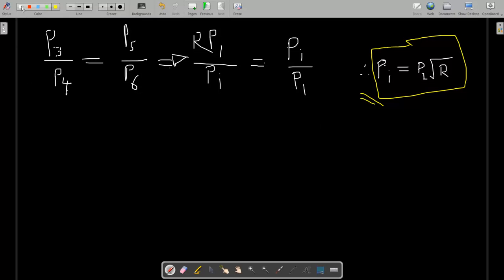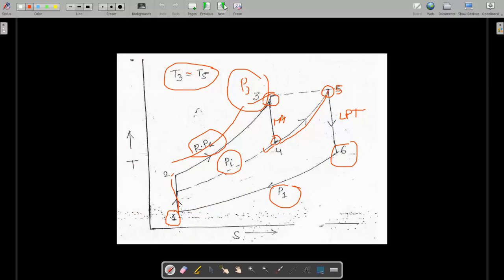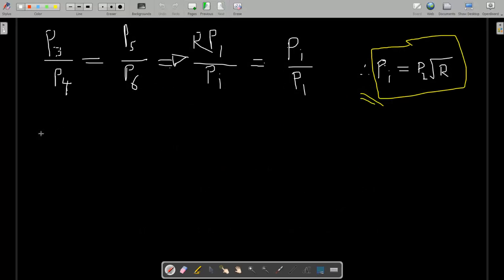Now we have to find the net work output, which should be maximum. So what is the net work? The net work done is the work of the high pressure turbine and the work of the low pressure turbine minus the work done by the compressor. Why minus?